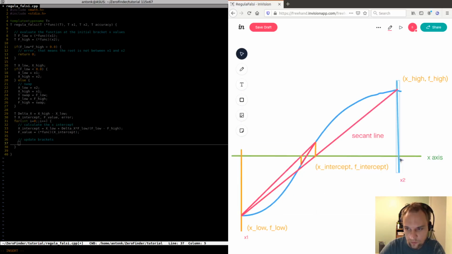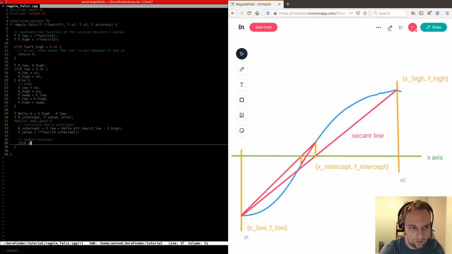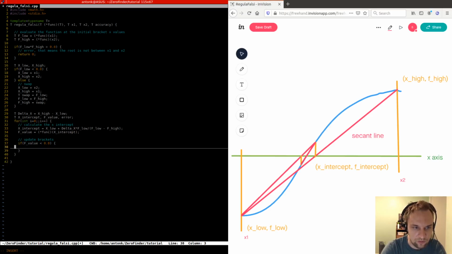So that means we have to move this boundary to the x-intercept location. Okay, so if f value is less than 0, then we get the error, which is going to be x low minus x-intercept. And we're going to set x low to x-intercept and f low to f value.